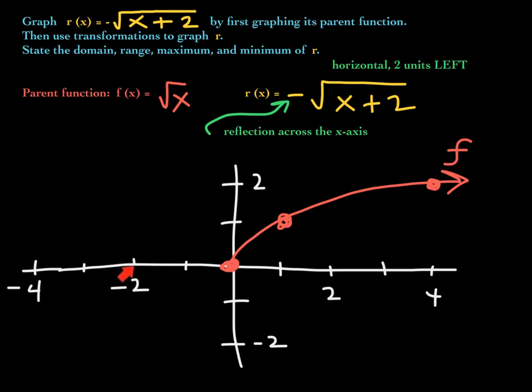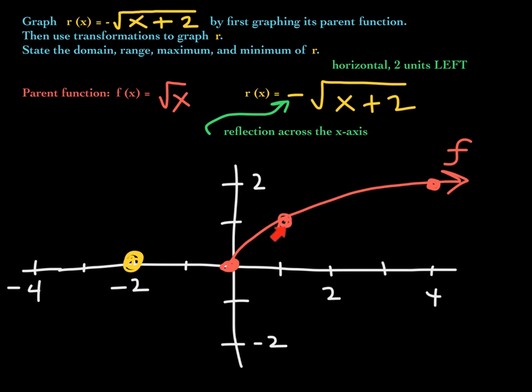When I reflect this point across the x-axis, all I have to do is take the opposite of my y value. But wait a minute, my y value at this point is 0. This point is -2, 0. And the opposite of 0 is just 0. So then, when I reflect it, it stays right where it's at.